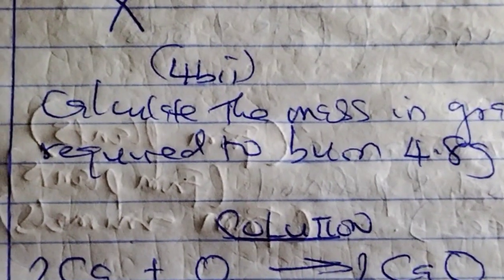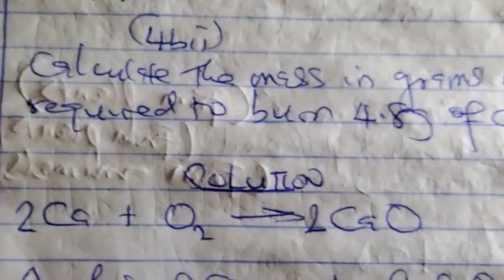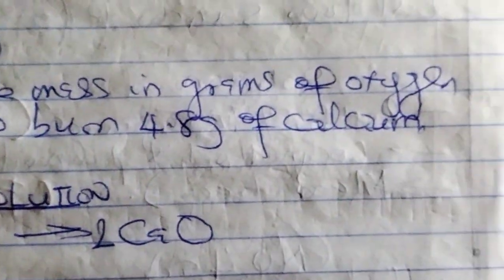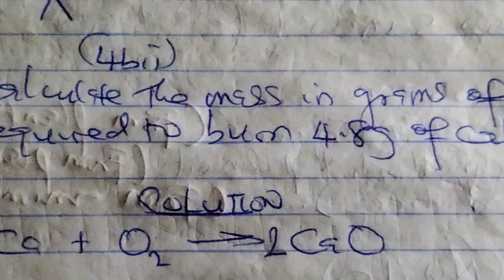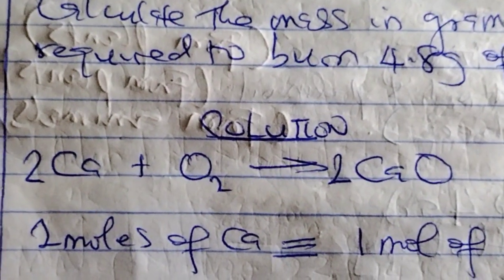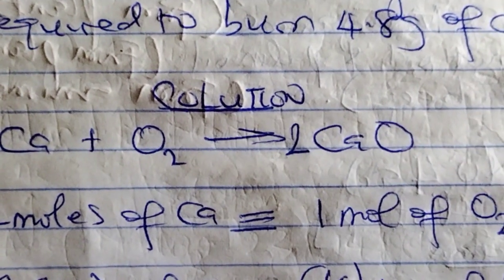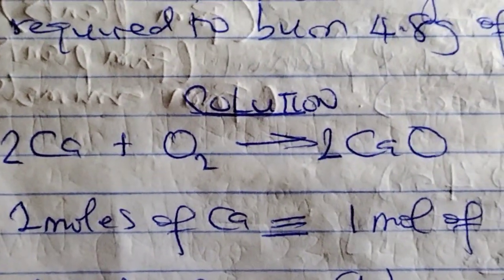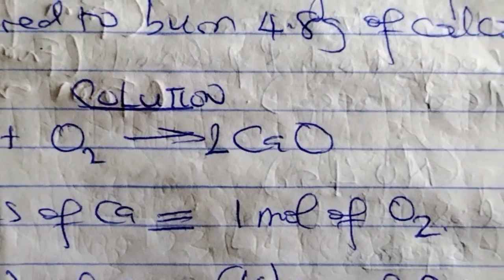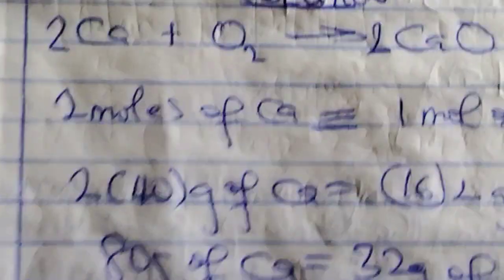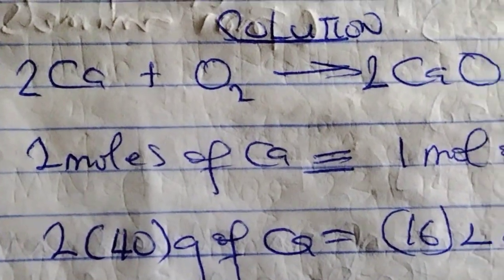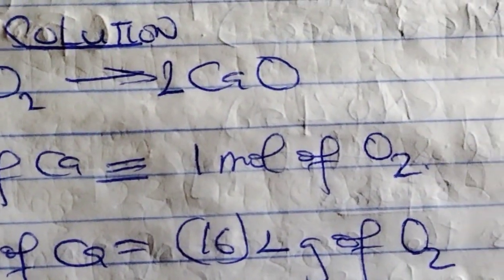Then 4BII says calculate the mass in grams of oxygen required to burn 4.8 grams of calcium. To solve this problem, we have to write the equation between calcium and oxygen. We have 2 moles of calcium plus 1 mole of oxygen. So 2Ca plus O2 giving us 2CaO. From the stoichiometry, 2 moles of calcium react with 1 mole of oxygen.